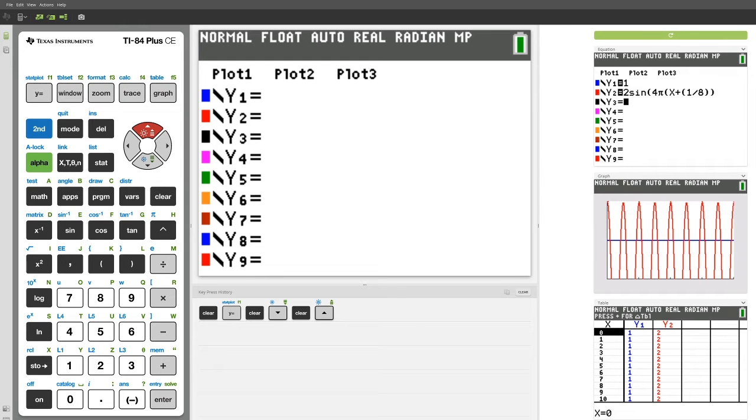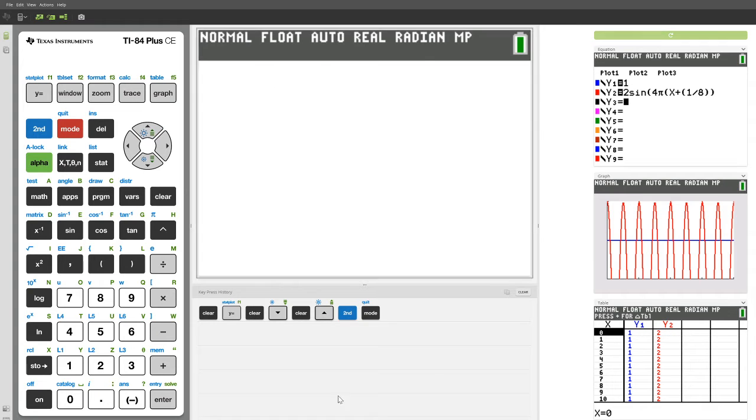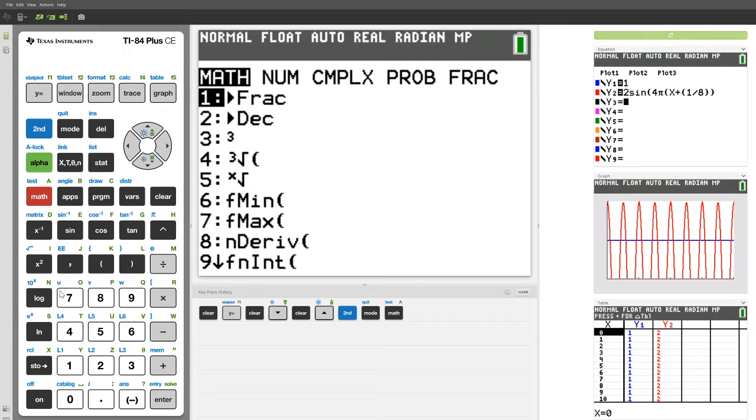Okay, so everybody sees the calculator on the screen? Yes? Okay, so we are trying to, I forget, hold on, let me pull up the question. So you want to take a derivative. Well, we have this lovely button for integrals, which is math 9. What did we learn before integrals?